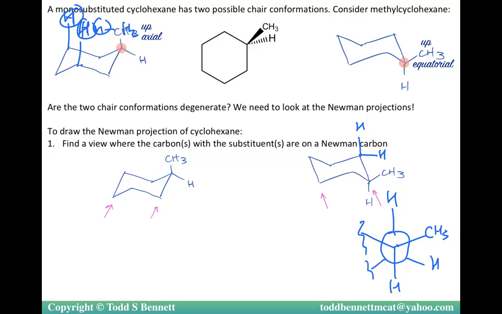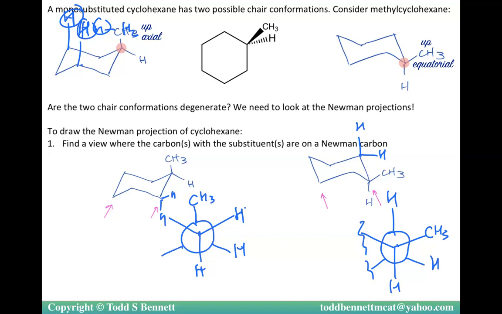Okay, on this one, where I run into trouble is this CH3, which is now back. Well, considering these two H's here, and then the rest of the ring system. So that's the rest of the ring there, that's the rest of the ring there.